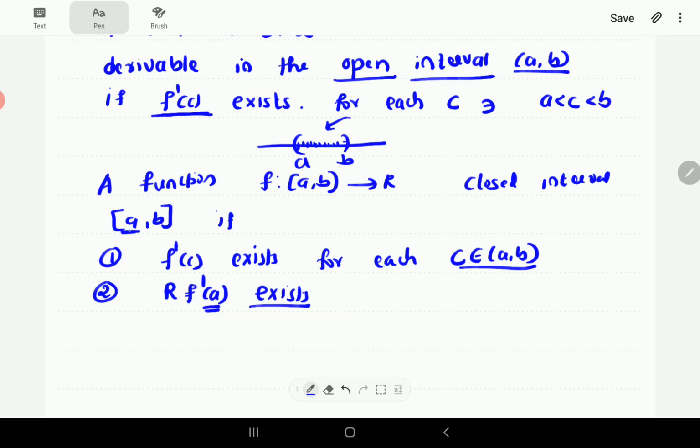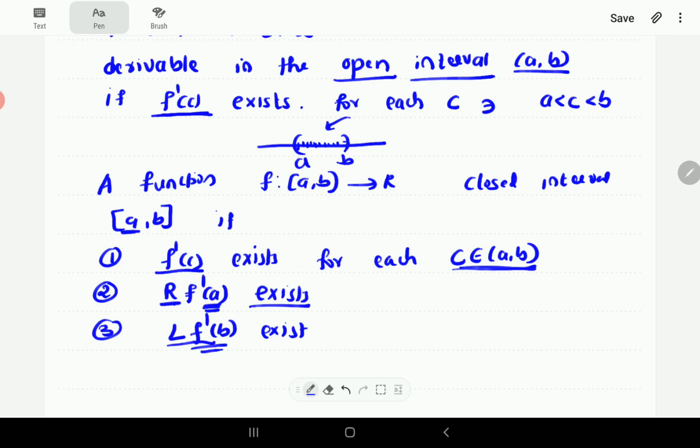And the third point is that the left hand derivative at the point b must exist. So in the open interval we have to take each and every point in (a, b), but for a closed interval, f dash of c must exist for every c in the open interval (a, b), the right hand derivative should exist at a, and the left hand derivative must exist at b.